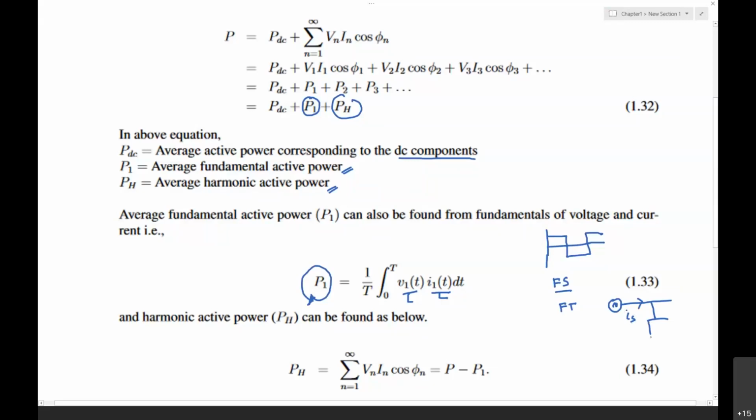In that case, we have a custom power device which improves the source current quality. When you don't have this custom power device, we have IS equal to IL, where IL is the combination of the fundamental current as well as the harmonic current.